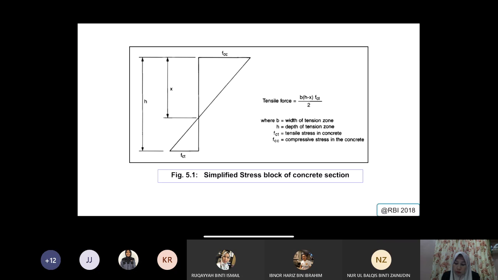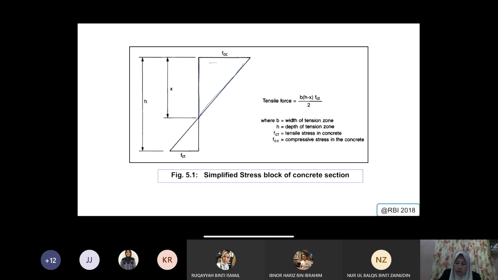So the tensile force is b, h, x. I hope you still remember how to calculate your stress block, because we are taking into account the height of the big triangle and the small triangle.